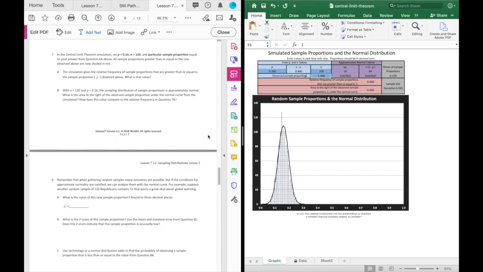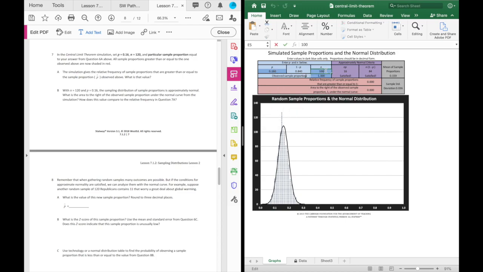Number 7 now. In the central limit theorem simulation, set p equal to 0.16, n equal to 120, and particular sample proportion equal to your answer from question 6a above. Okay, so let's go ahead and do that. We're going to do those one at a time here. So let's start with p equal to 0.16. It's already there.